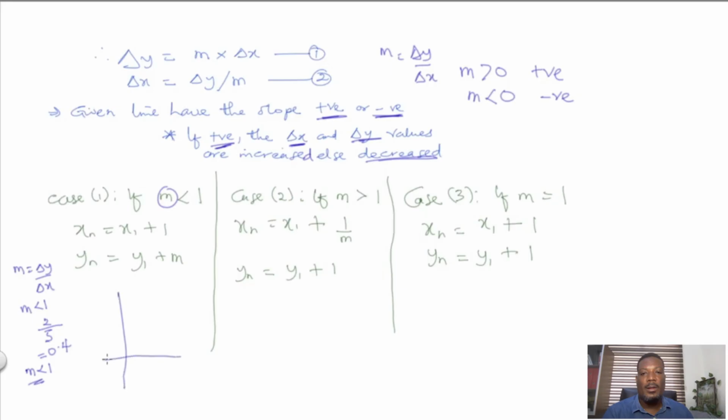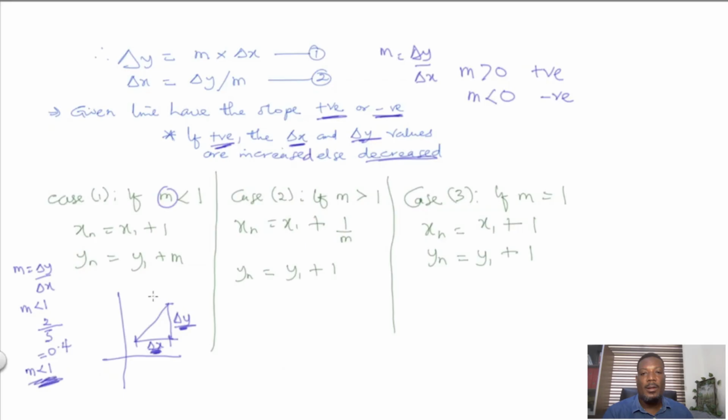In the same way, in the Cartesian plane, when we have a line, you can see that the change in y value would be less than the change in x value. In other words, the change in y value will be small, and the change in the x value will be more than that of the y value. Hence, we would have the slope being less than 1.